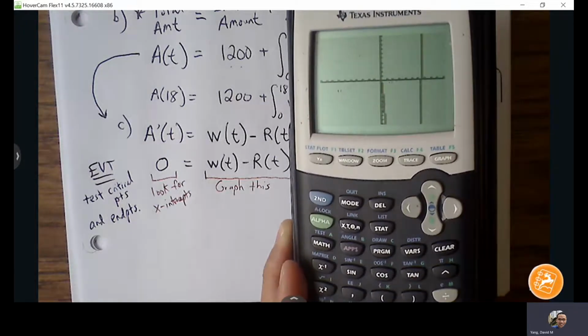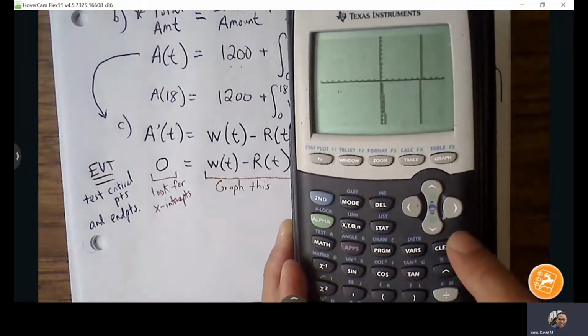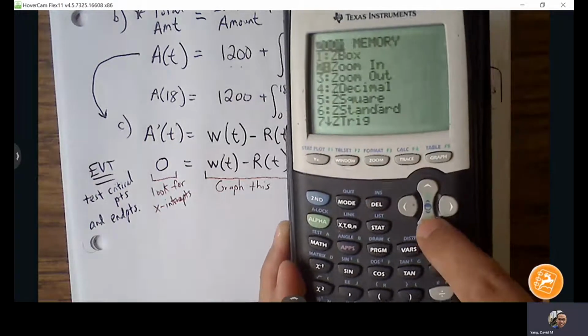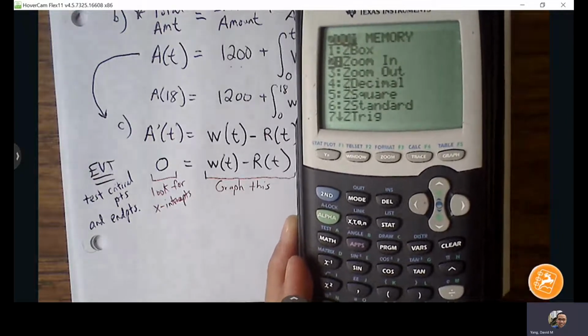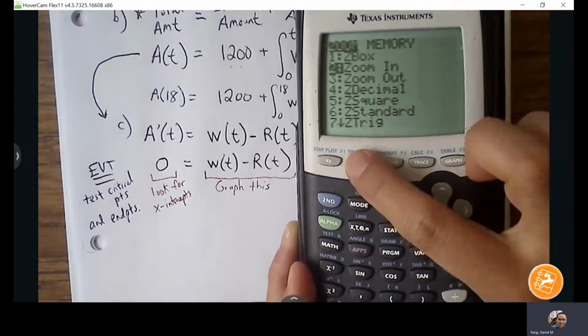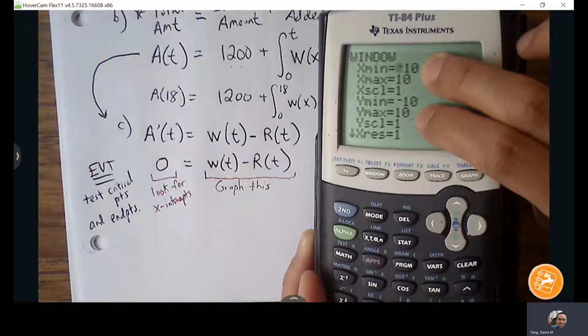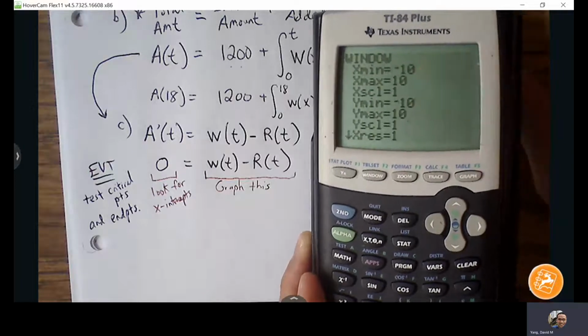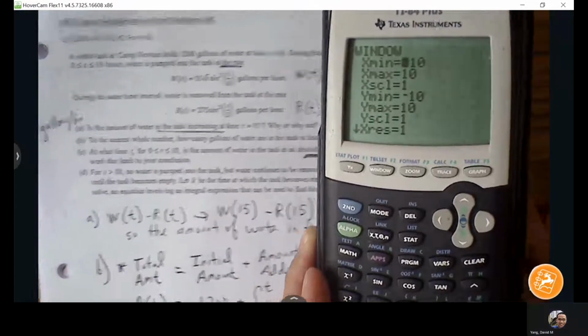I want to zoom out so that I can see the curvature a little better. If you hit zoom out, you really don't have any control over where it zooms out, and it doesn't pinpoint where you want to look. So I think the cleaner way is to go to Window and play with the values yourself. Your x-min, x-max is your t-value, and your t-value is only going to go between what and what?